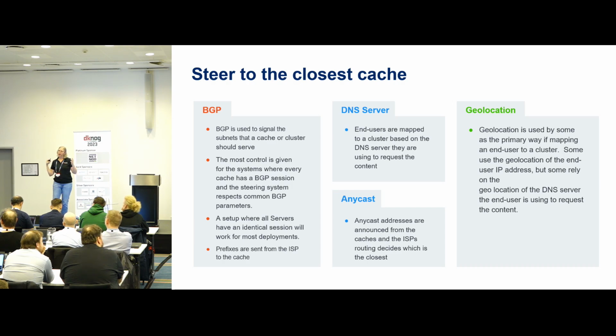Some CDNs allow you to use BGP to signal to the CDN which prefixes you prefer are using which clusters inside your network. So they will respect MED or longer prefixes or longer AS path. Some will not.